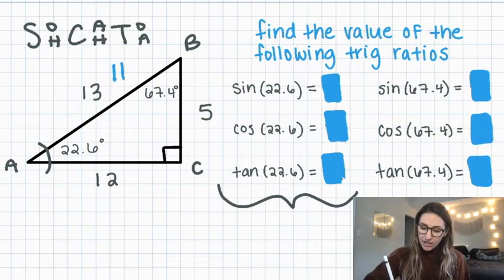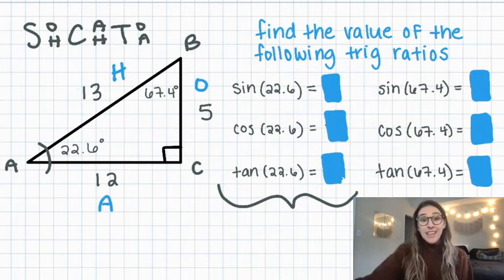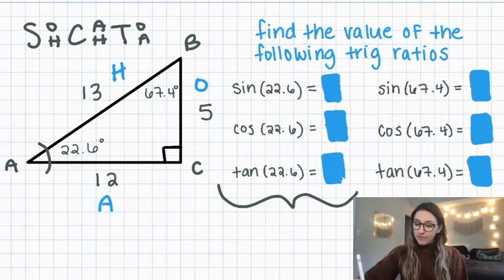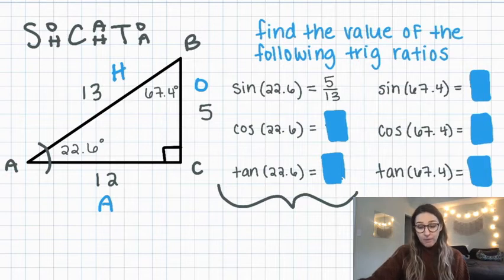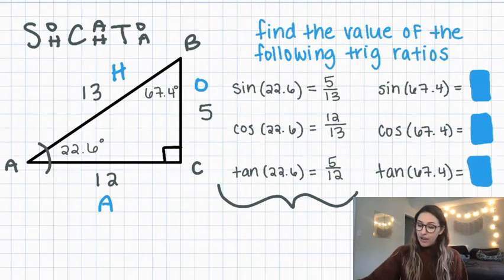So I'm going to put an H for hypotenuse, an O for opposite, and an A for adjacent. So that means sine would be opposite over hypotenuse, which would be 5 over 13. And then cosine is adjacent over hypotenuse, would be 12 over 13. And then tangent is opposite over adjacent, so that would be 5 over 12.